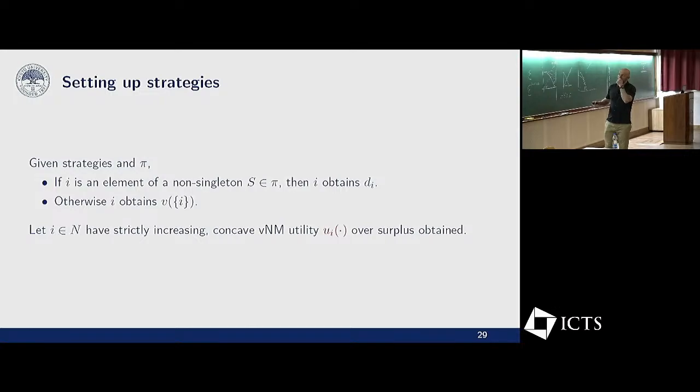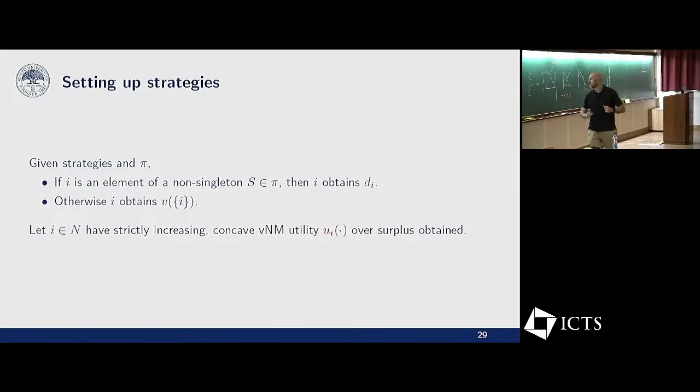Now, given this, you can specify payoffs. You've got the possible feasible partitions that could form given how much we're each demanding, and given who we're willing to be in coalitions with. Now, you've got a bunch of possible partitions. We select one of those, some distribution, and given strategies and given the partition, if we're part of a non-singleton in that partition, then we get our demand, right?